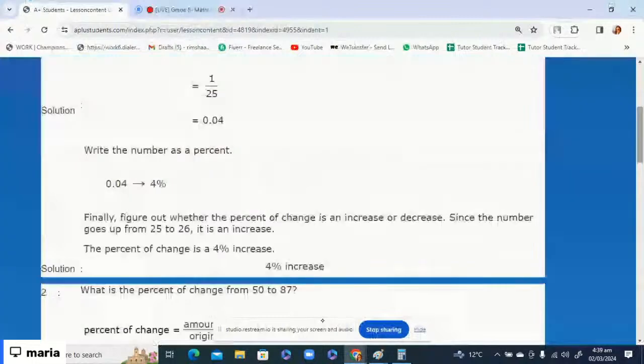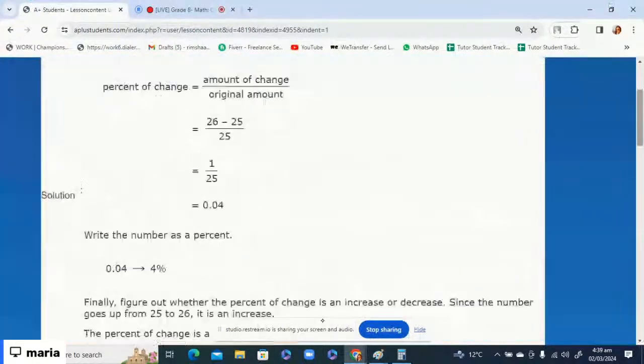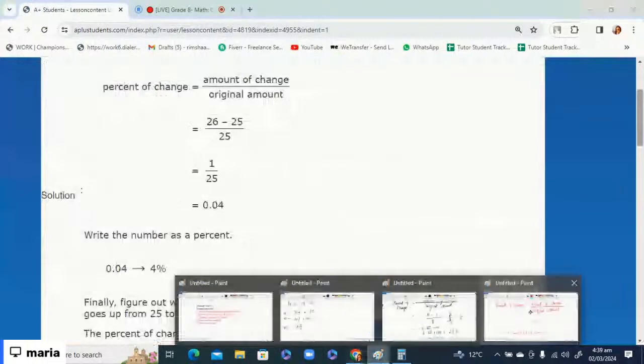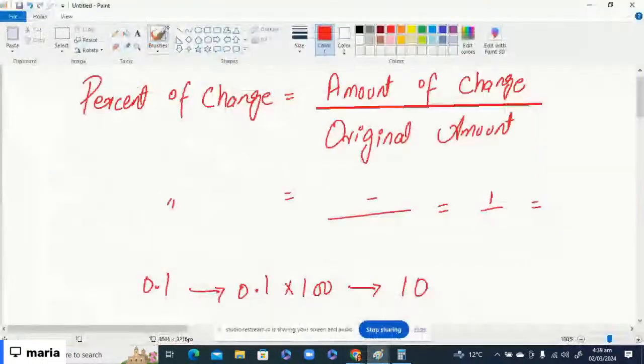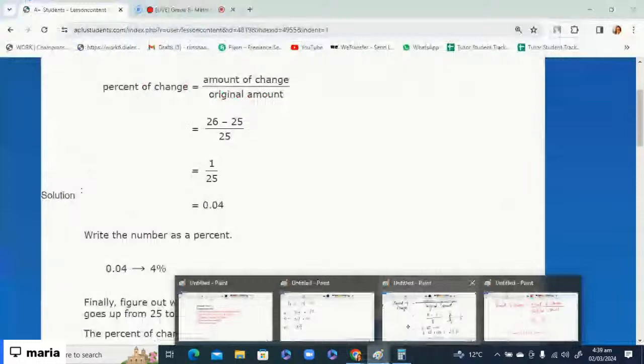So 26 minus 25. So this is 26 minus 25. That is 1. We already know it, and divided over 25.